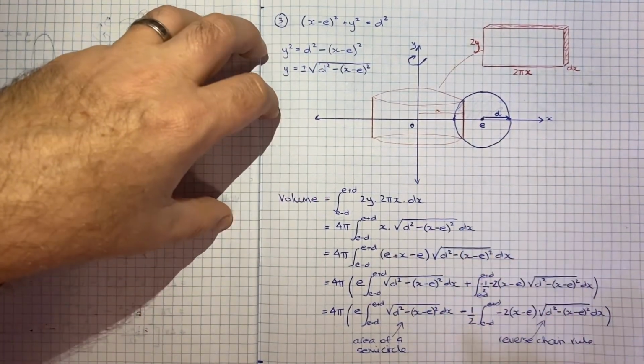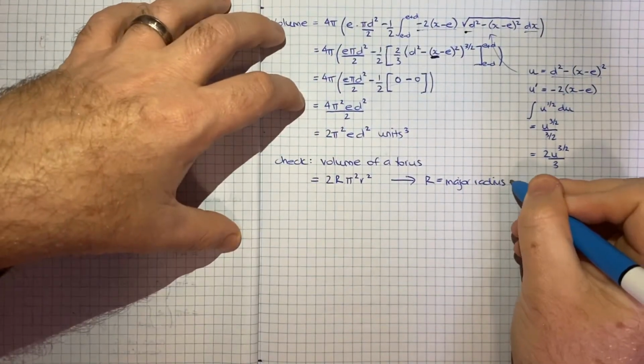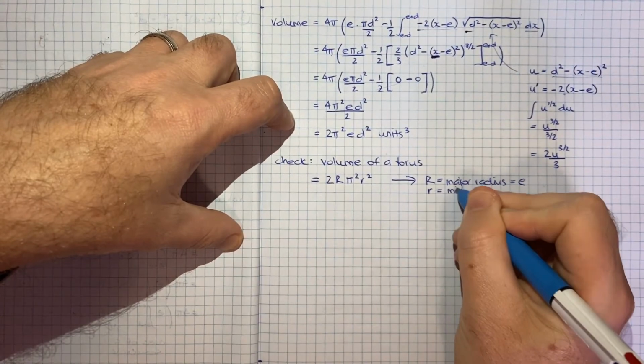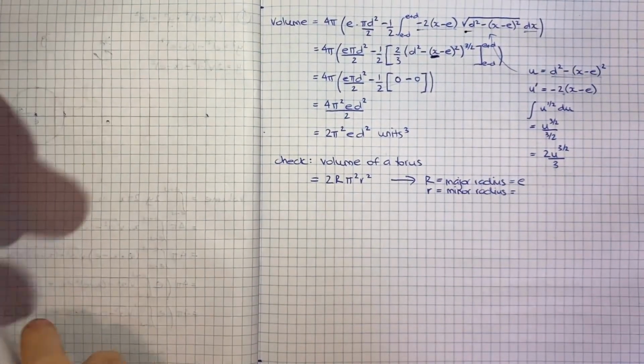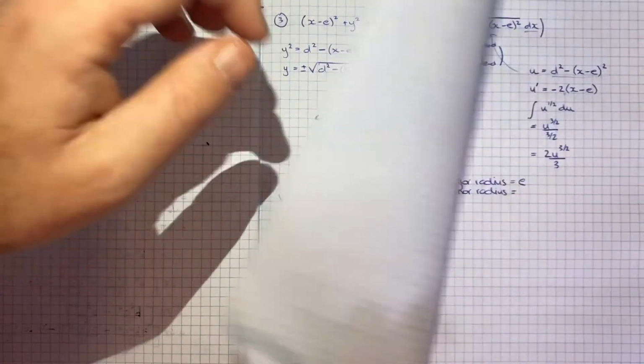So in our form, that's e. The major radius would be equal to e. And then little r is what's called the minor radius, and that is equal to the radius of the circle that you're dealing with, or in other words, d.